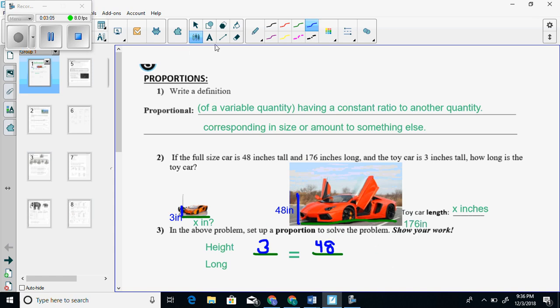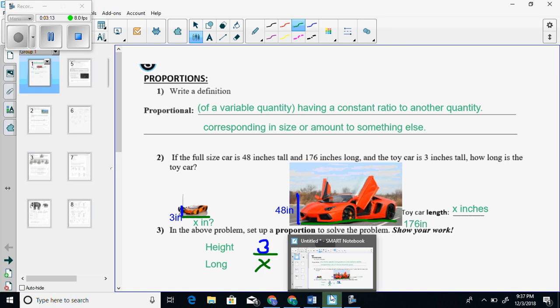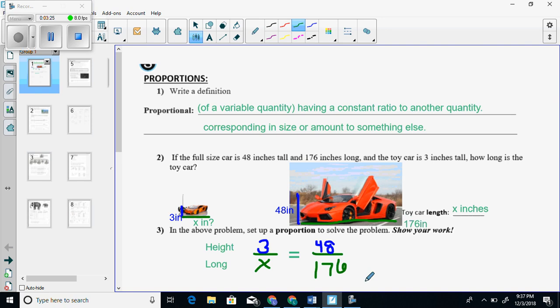And then I know that I don't know how long my toy car is, but I know that my Lamborghini is 176 inches long.